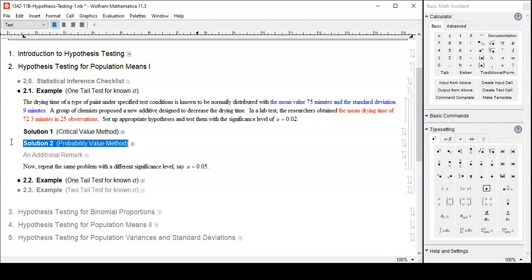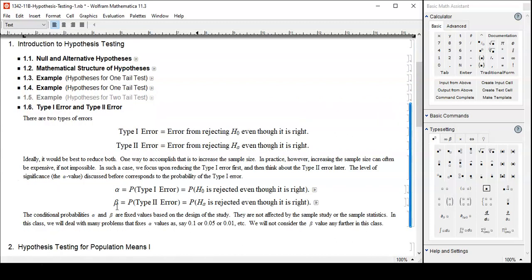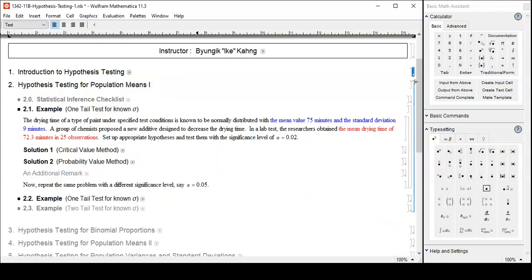Me personally, I do it this way, second method, and all the textbook authors prefer the second method. And somehow maybe you prefer the second method too. And the reason second method is more preferred by professional mathematicians, that's related to what we just did. That's related to this theoretical foundation, type 1 error and type 2 error.